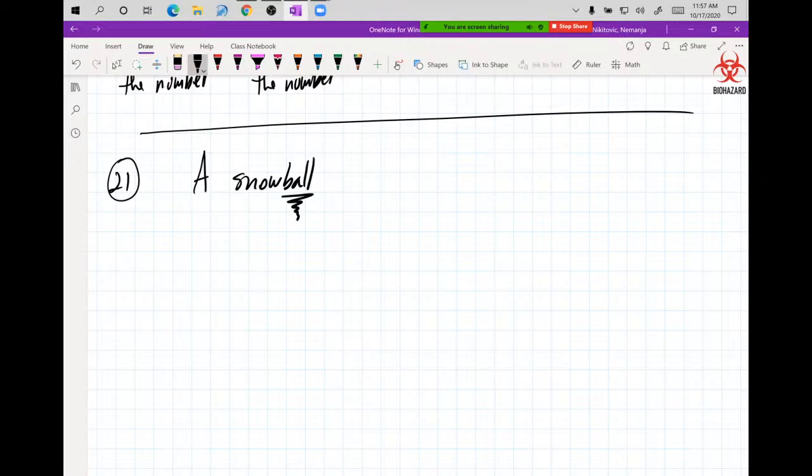It's worked into the name, ball. We know what the ball is. So why put a spherical snowball? Can it be a rectangular snowball? Whatever. So a spherical snowball melts at a rate proportional to its surface area.